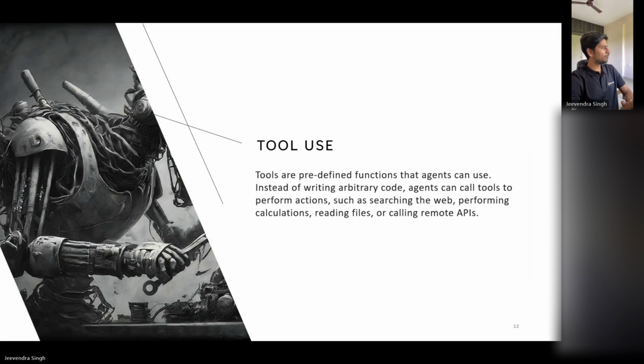So tools are basically predefined functions that agents can use, right? Instead of writing arbitrary code, agents can call tools to perform actions, such as searching the web, performing calculations, reading files, or calling your APIs as well. Because you can control what tools are available to an agent, you can control what actions an agent can perform, right?